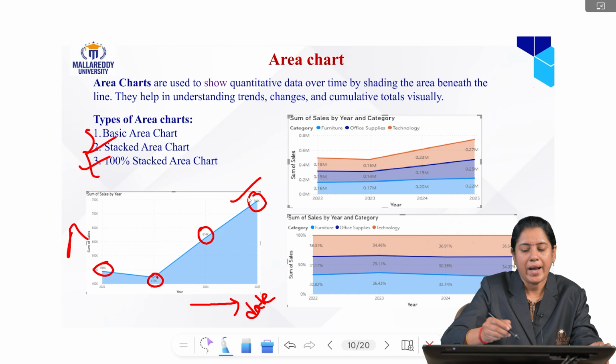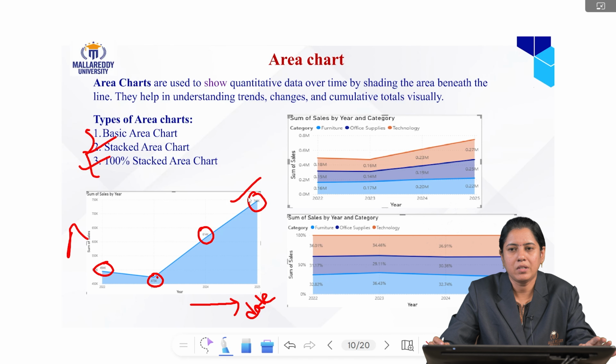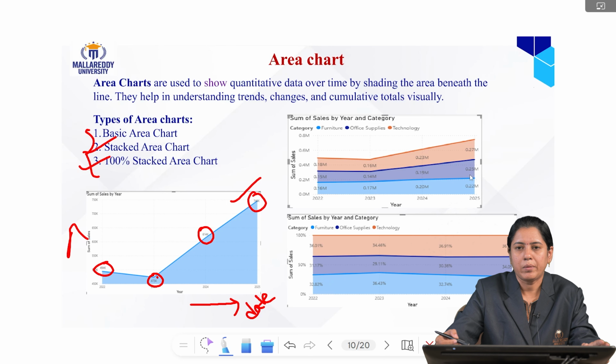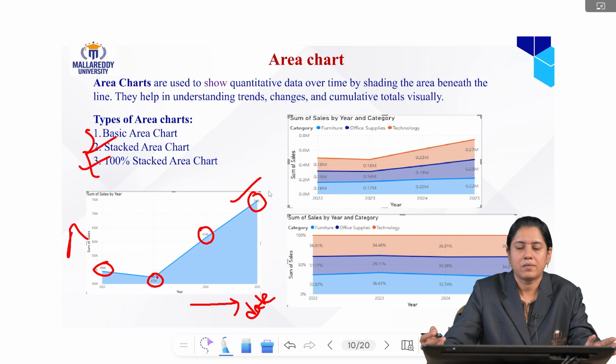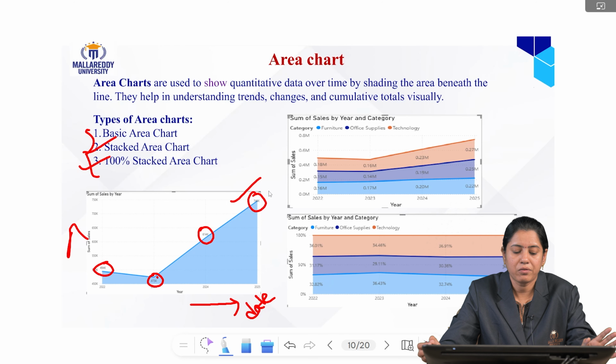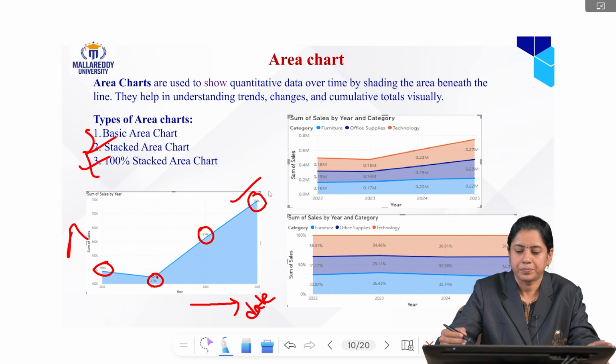Remember, it's mandatory to show the labels when you draw charts, because without labels there is no use of drawing the charts. We can't understand anything. With labels it's very easy to understand. Anyone, even without knowledge, will easily understand if you show the labels.